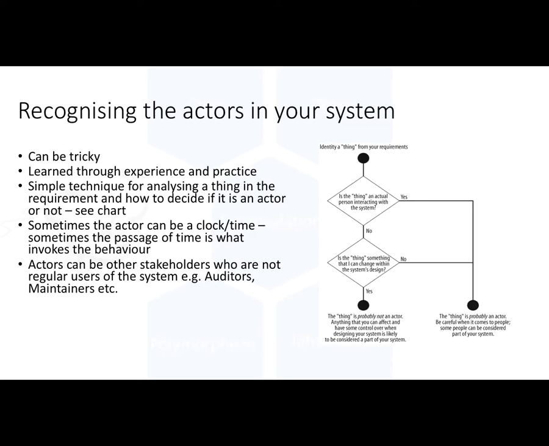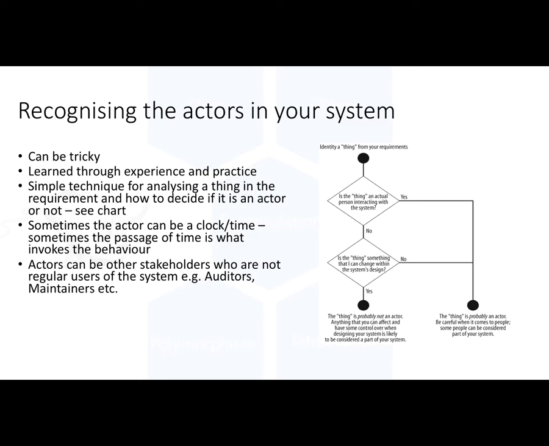We ask ourselves, is the thing an actual person interacting with the system? If it is, then it's very likely to be an actor. If the thing is not a person, then we need to find out if that thing is something that can be changed within the system's design. If it cannot change within the system's design, then that means it's a part of the system, so it's not an actor.